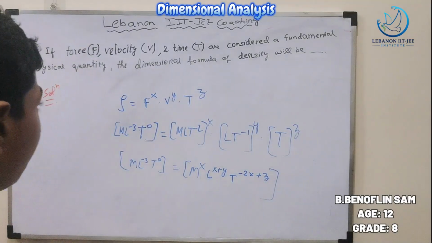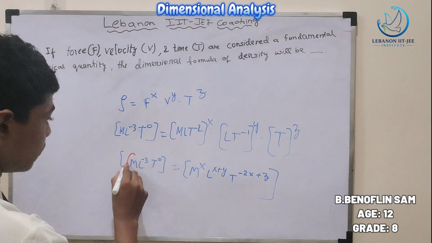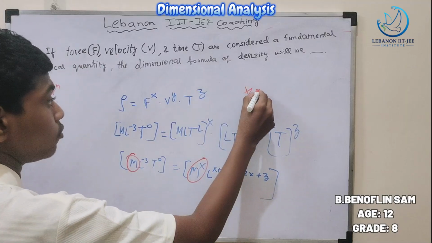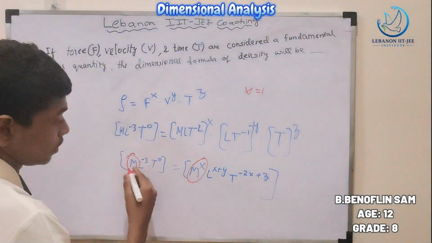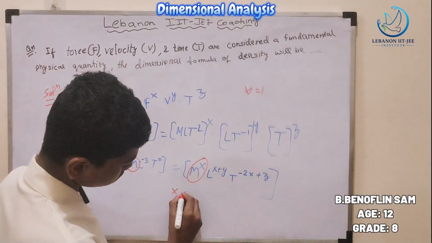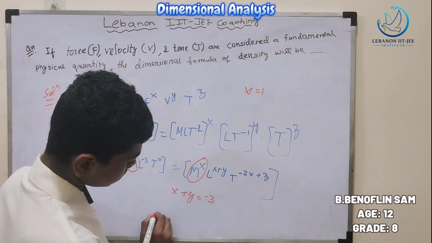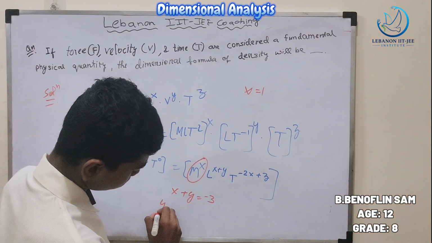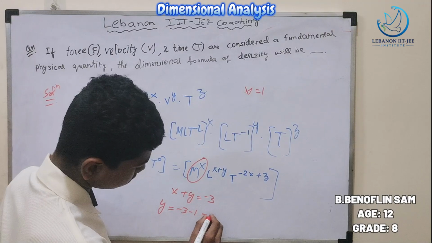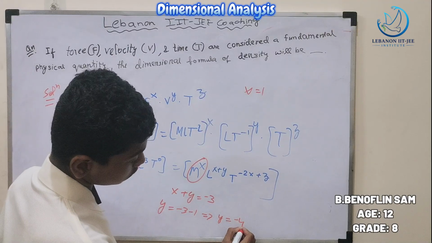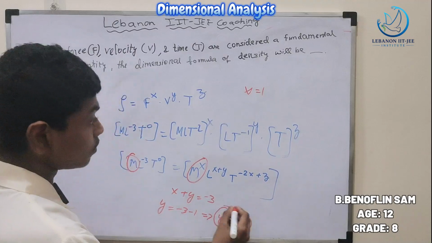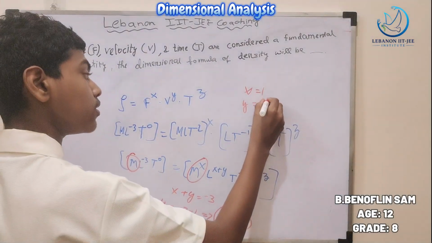Okay, very simple only. You can solve this. Compare M, then x is equal to 1, right? For L, minus 3, so x plus y is equal to minus 3. So here y is equal to minus 3 minus 1, which is y is equal to minus 4.